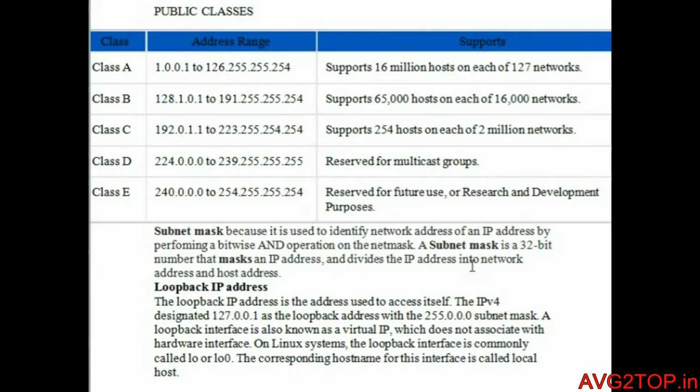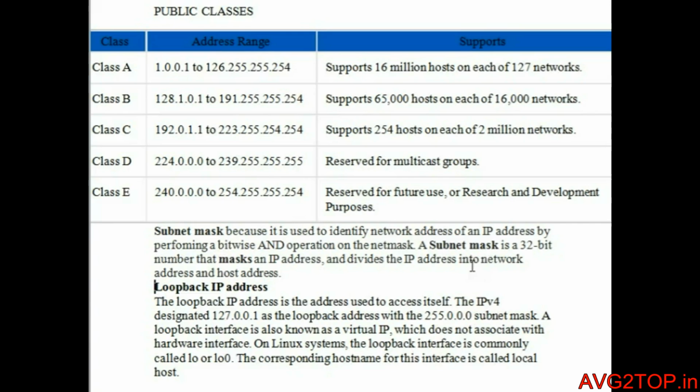So here the class C IP address is 192 to 223. This is quite a common one that we use in our domestic networks because it supports 254 hosts on 2 million networks, which means it can be subcategorized.